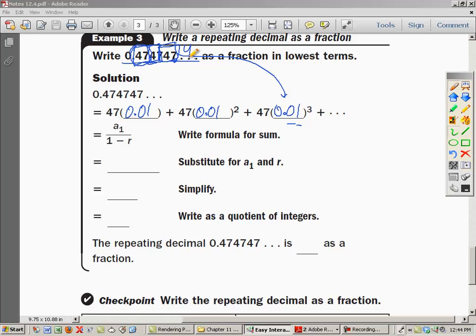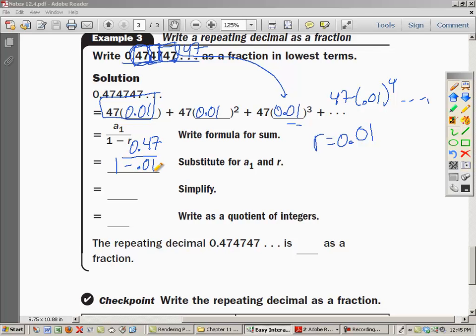The next 4 and the 7 would come from 47 times 0.01 to the fourth, and so on and so forth, right? So my common ratio is 0.01. My initial value, my a sub 1, is this first term, which is 47 times 0.01, and that becomes 0.47 over 1 minus 0.01, which is my common ratio.